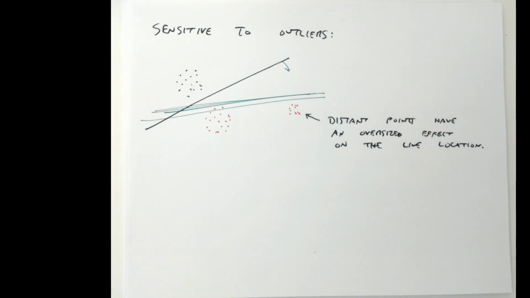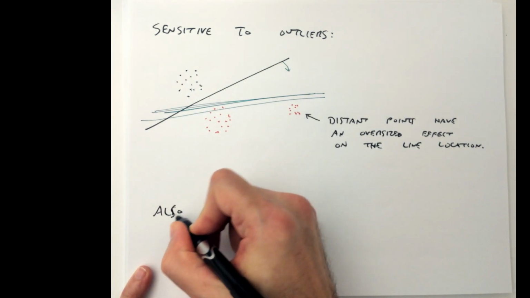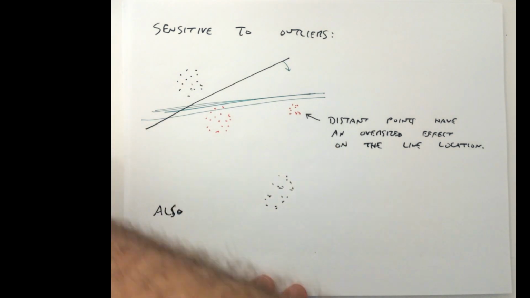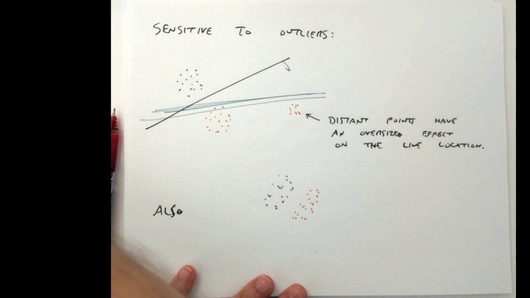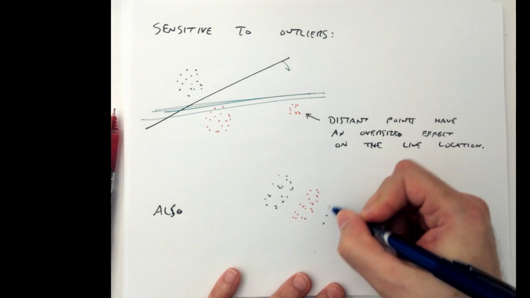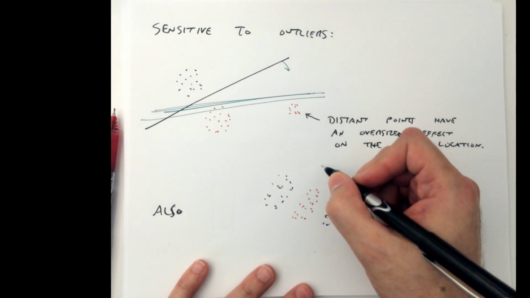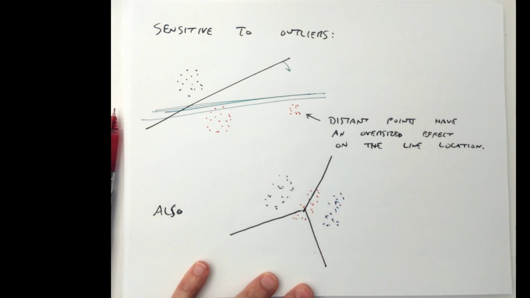The other thing that it turns out, just the way that these things work out, is that suppose I had some situation like this, where I had a bunch of points over here and a bunch of points over here and a bunch of points, where's my blue pen, over here. What can happen with trying to do it with regression is that you may get a situation where your boundaries look like this, right?